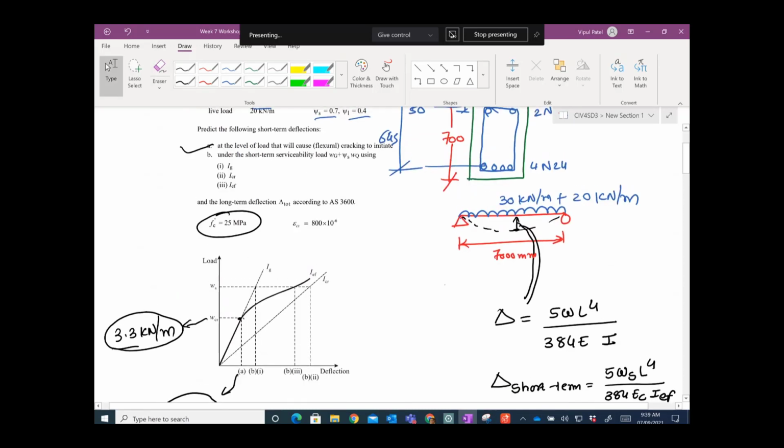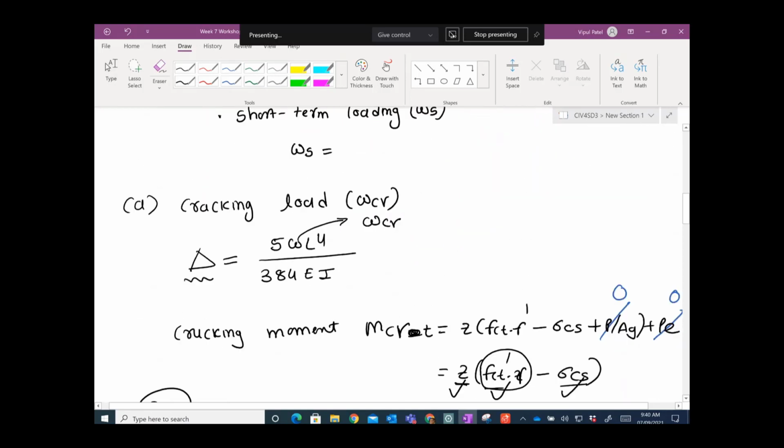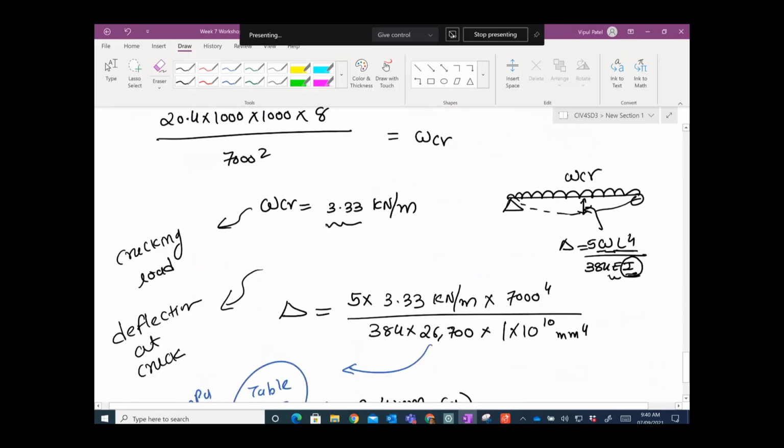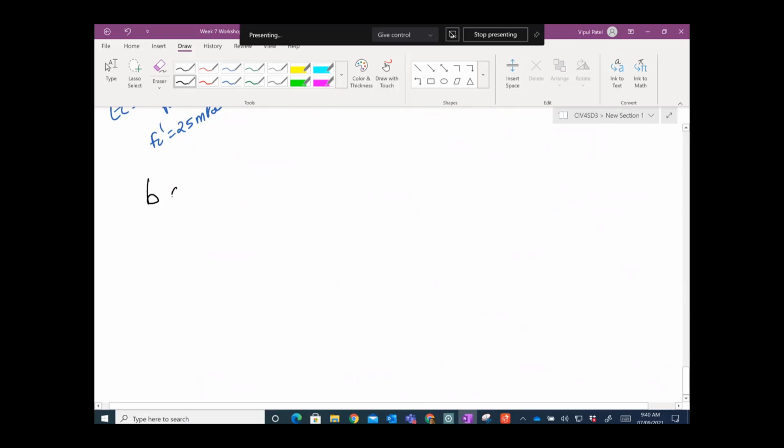Now the second question: we need to calculate I gross. I think we already calculated I gross. If you remember, here you go, I gross is this one. Let me calculate it again, just for the report.